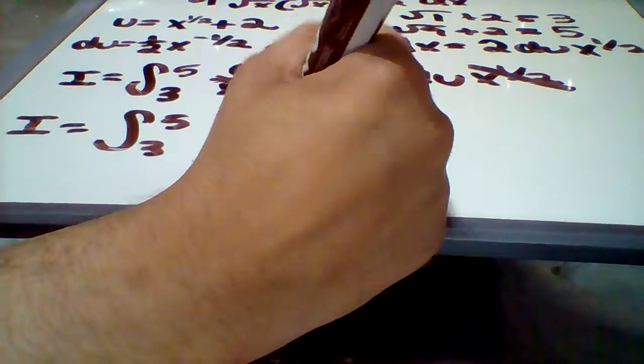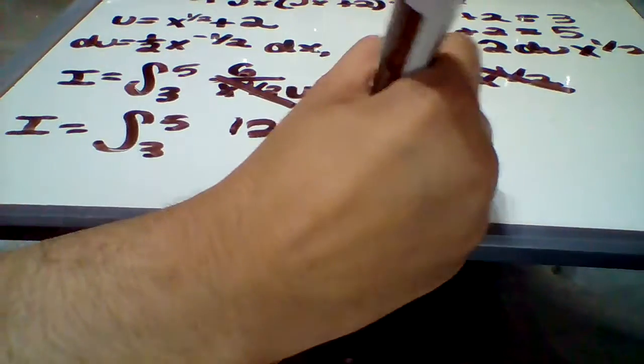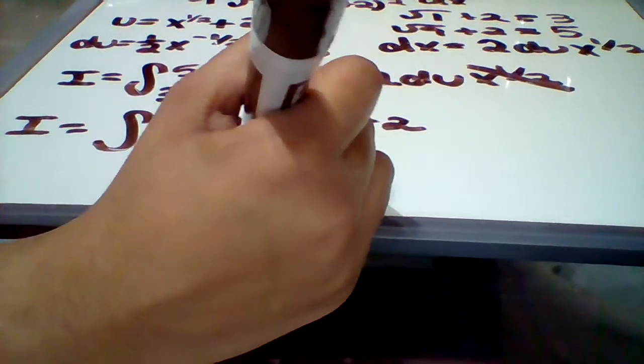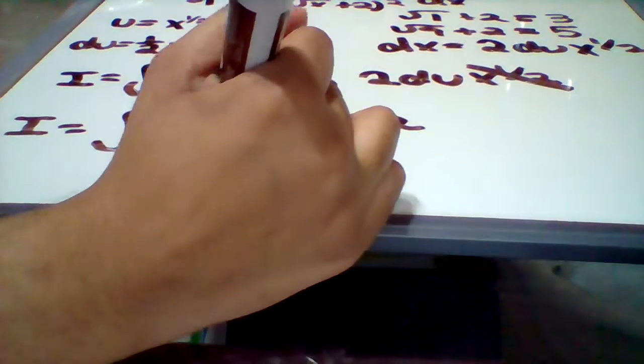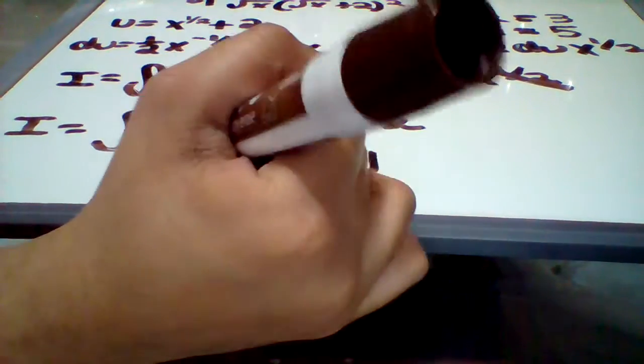So negative 2 plus 1 is u to the negative 1, 12, and then divided by negative 1.